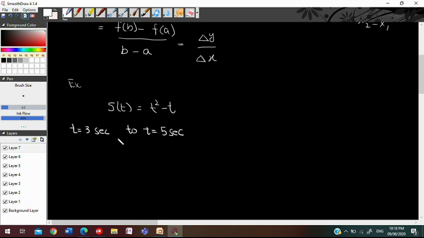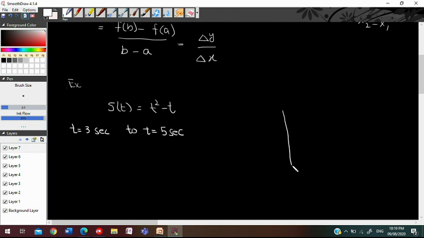These are two different times given. Now I will explain it. Suppose we have a particle which is moving in a straight line, and its position after times t and t1 is given by s of t and s of t1.